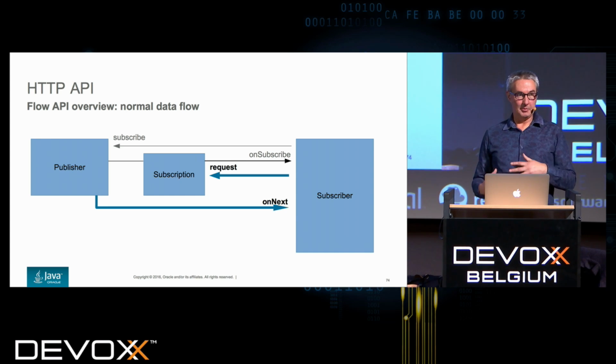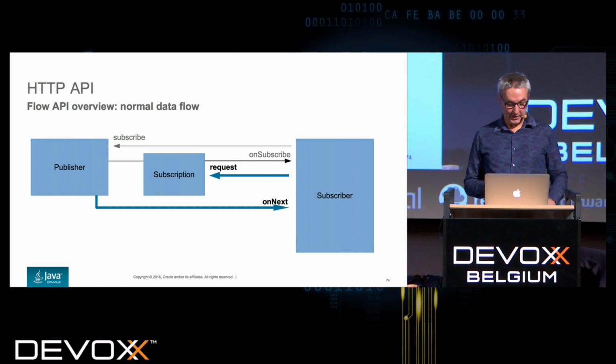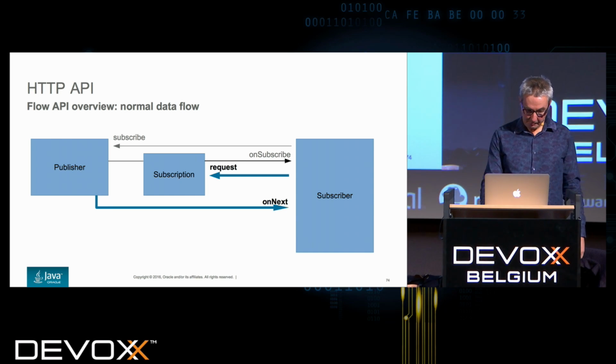And that's completely under the control of the subscriber. The subscriber must call the request method, which takes an integer parameter, n, say. If it calls request with the number n, then the publisher is allowed to send n items back to the subscriber. In other words, the publisher is allowed to call the onNext method of the subscriber n times. That's how the flow control works.